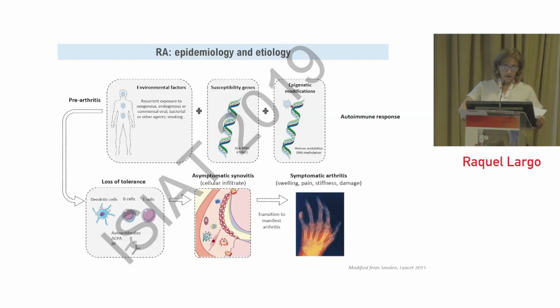The breach of tolerance is in fact the reason for the synovial inflammation that is asymptomatic in the first process, and then the increase in cytokine concentration and synovial inflammation destroys the joint. It's not only the synovial tissue, but also the cartilage and the bone. And of course, it causes an increase in other comorbidities.